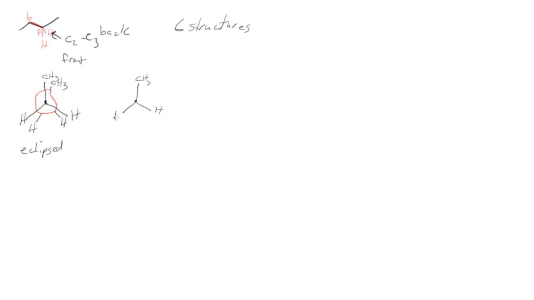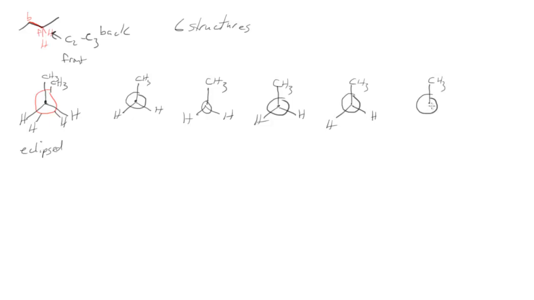The reason I do that is that it helps me make sure that I haven't made mistakes by changing 2 things at once. So I'm going to draw all 6 of them with that front carbon exactly the same. And then I'm just going to rotate the back carbon each time, 1 space. So I start eclipsed.